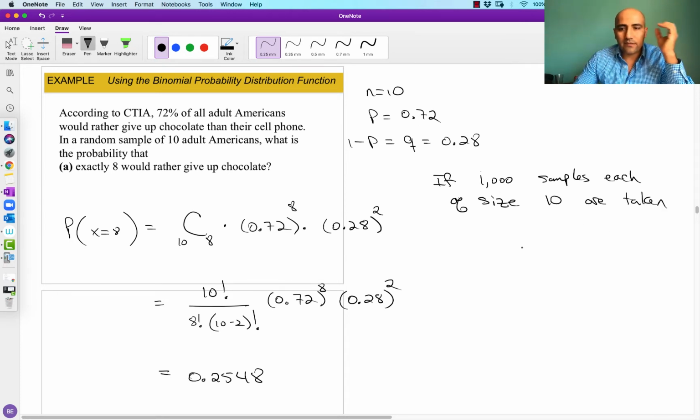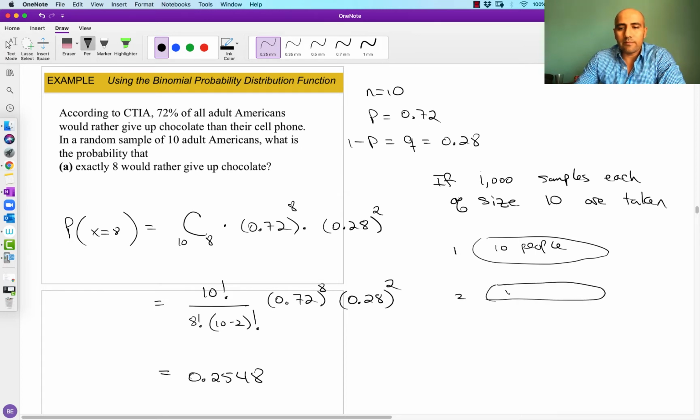It's a lot of people. So we have a little group here, 10 people. That's just one sample. And then the second sample, another little group of 10 people. And then the third one, and then the fourth one. So we do this 1,000 different times, 1,000 different groups, each of size 10 people.